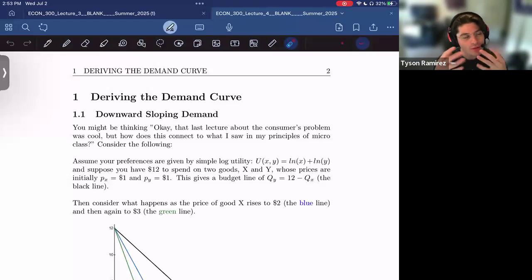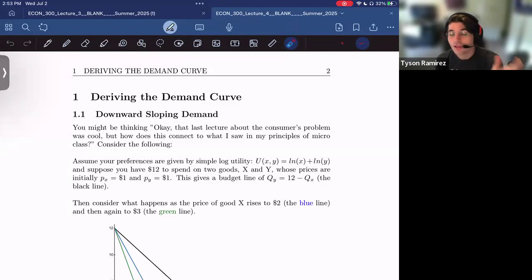To get a framework for how people make decisions, we must assume that they abide by something. And in lecture 3, we presented the simplest mathematical framework for how we model a consumer's behavior. And that was through the consumer's problem, the constrained consumer's problem, otherwise known as the utility maximization problem.